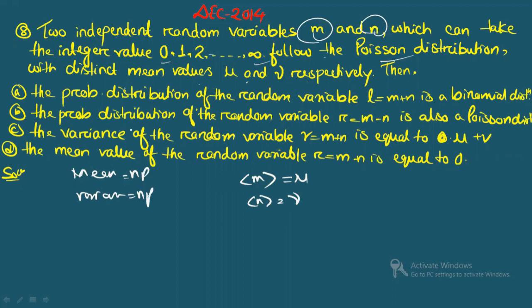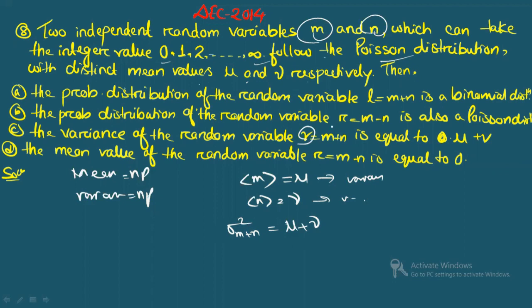So the first option will be a Poisson distribution because if I write the variance for M plus N, I can write it as mu plus nu. Yes or no? Because this is the variance for M and this is the variance for N.